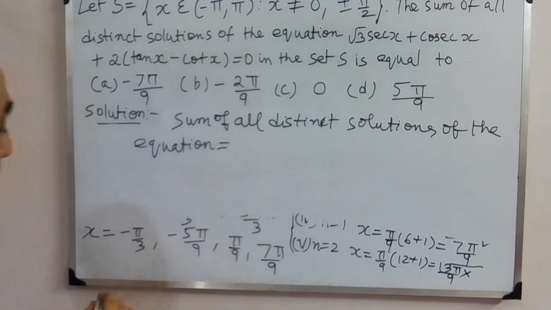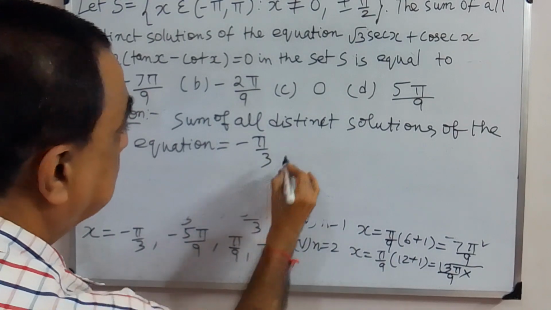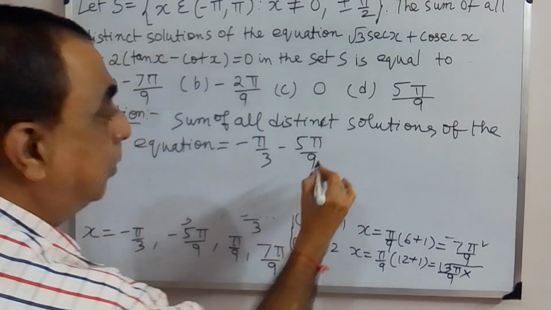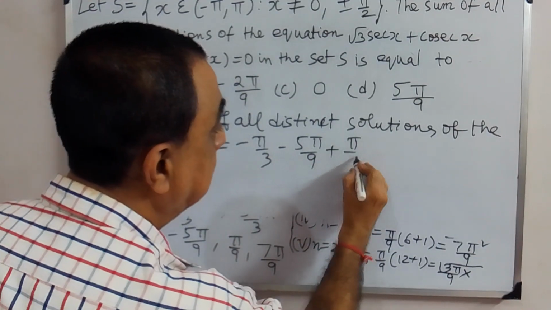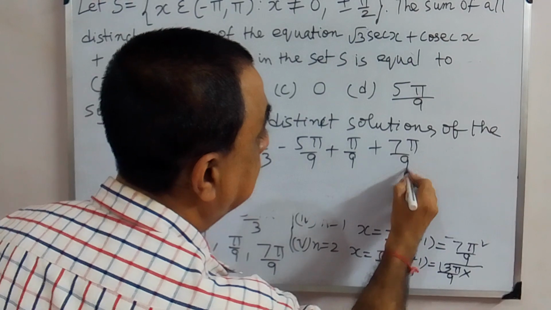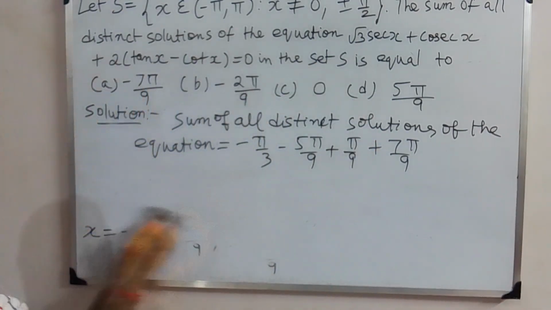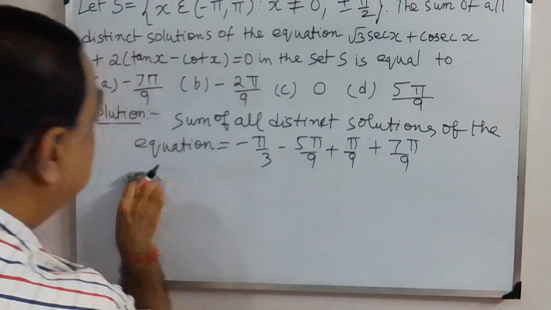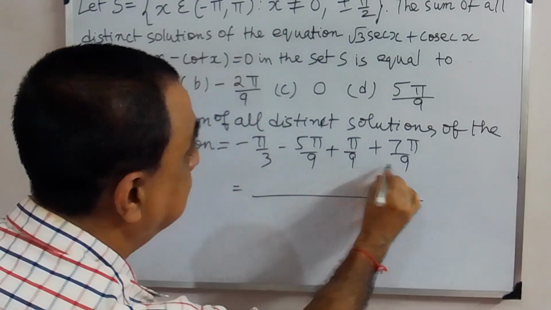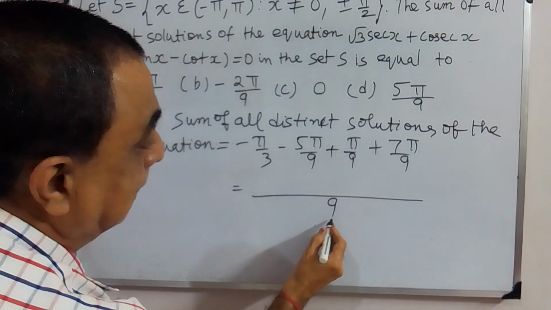So this is minus pi by 3 minus 5 pi by 9 plus pi by 9 plus 7 pi by 9. Now see what we are getting here. Take the LCM, which is 9.